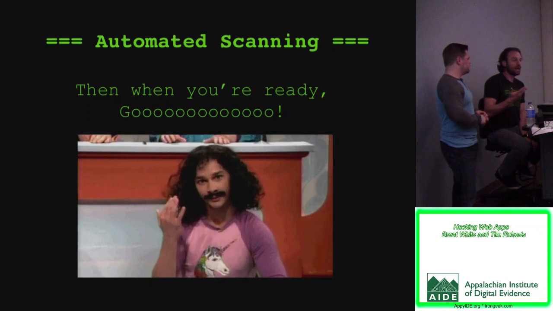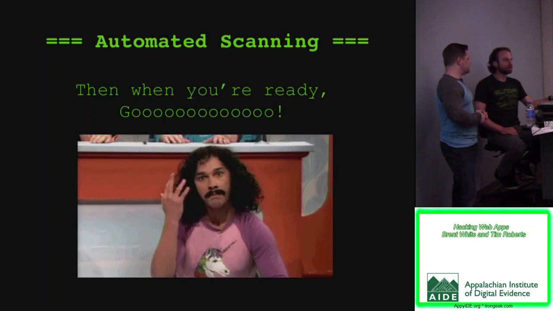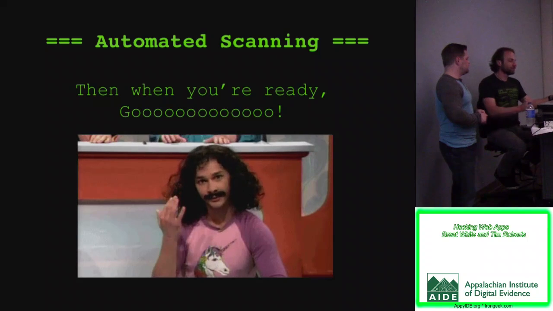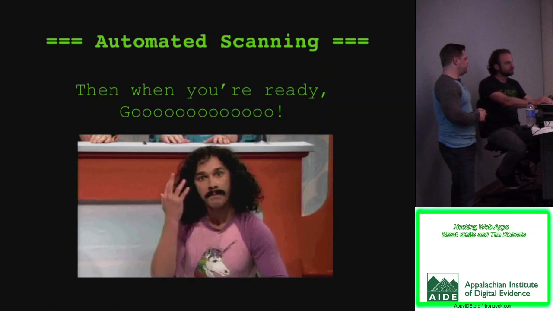Half of it, you're like, oh my gosh, they're vulnerable to 15 different SQL injection attacks, and it turns out it's just the same parameter being fuzzed. So always go back and double check that stuff. And once you're finished with the automated portion, then you're ready to go. Yep.